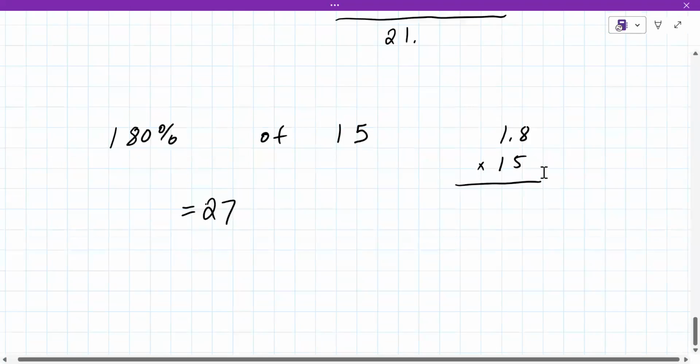Okay, all right, real quick, here's some percent stuff. 25% and 2/5.